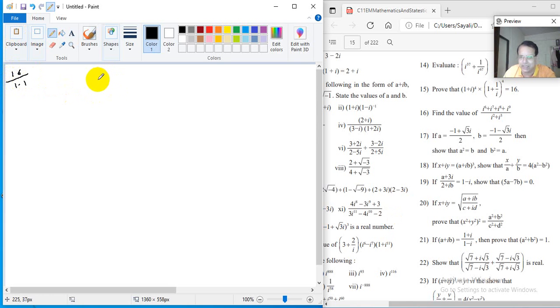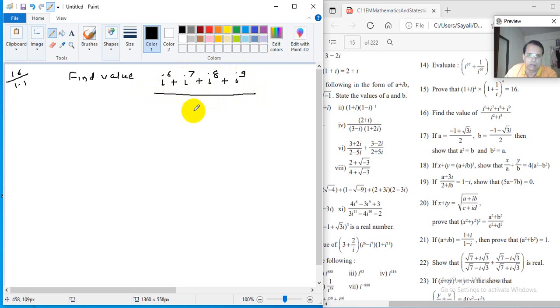What is said there? Find the value of i raised to 6 plus i raised to 7, plus i raised to 8 plus i raised to 9, and then divided by i squared plus i raised to 3.